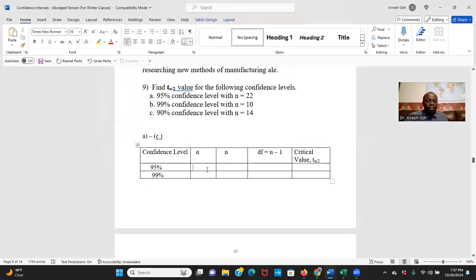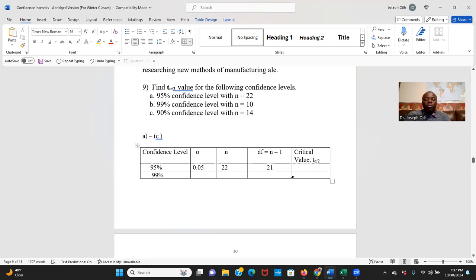So your alpha is 5% or 0.05. Then the sample size is 22. Type 22 as the sample size. Degree of freedom is n minus 1. That means 22 minus 1 is 21.